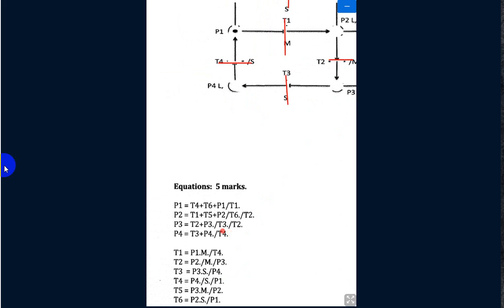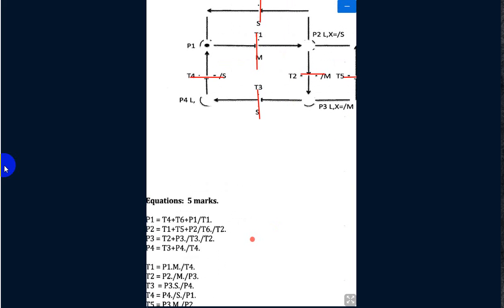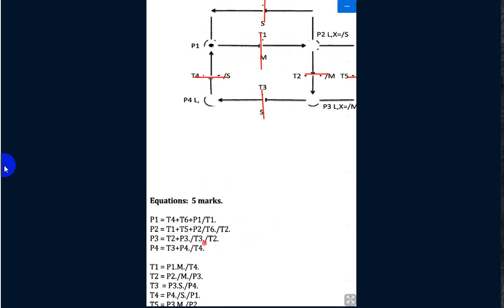I think this is a typo. It's not T2 bar, this one is wrong. Let me do the correction. This is not T2, it's 5.